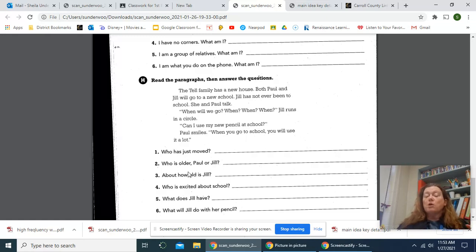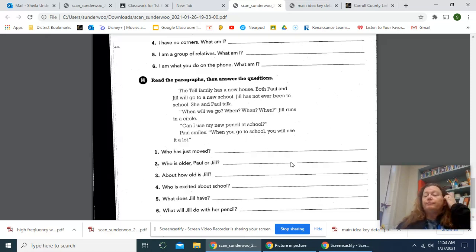It asks who is older, Paul or Jill. I don't just want you to put Paul or Jill. I want you to put Paul is older than Jill. Okay?